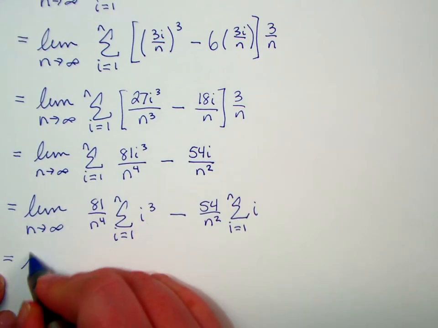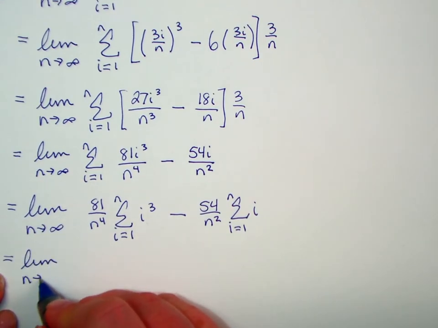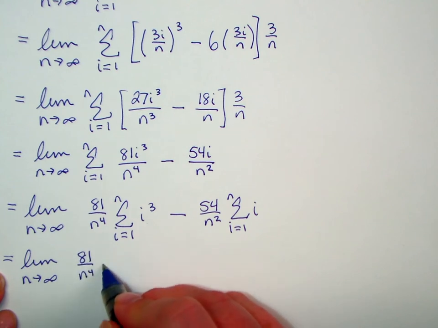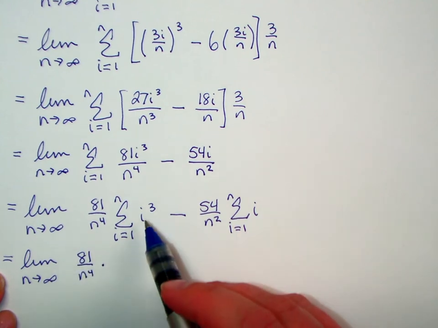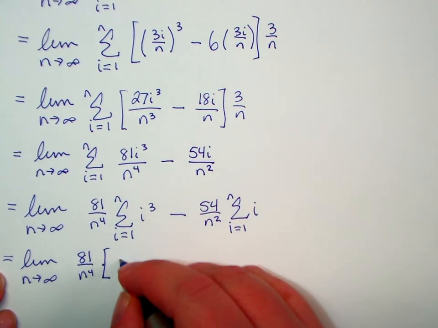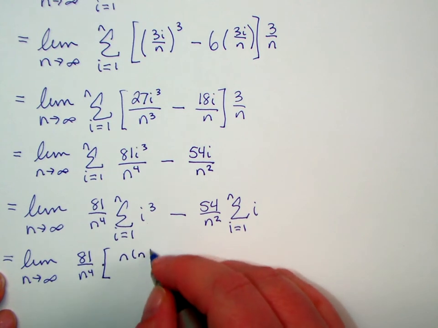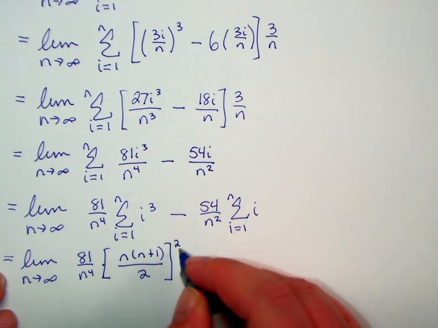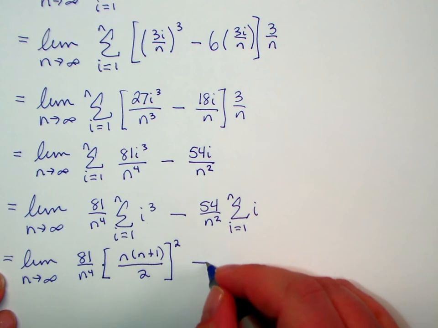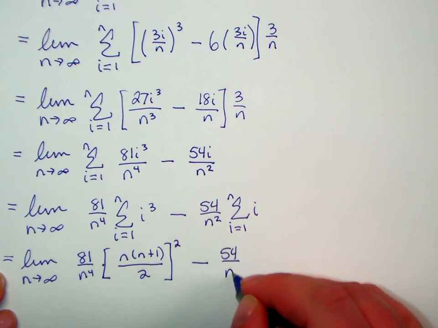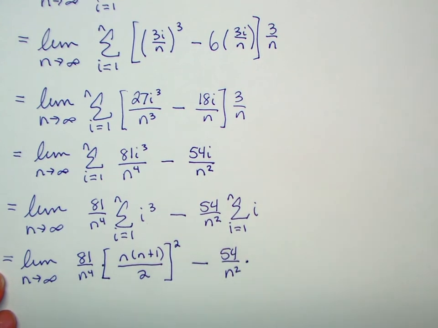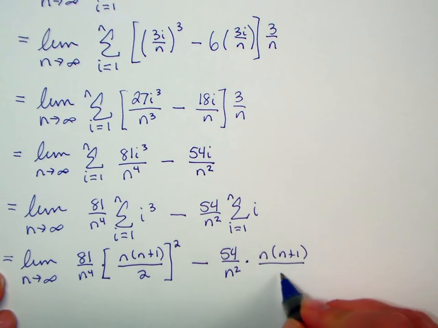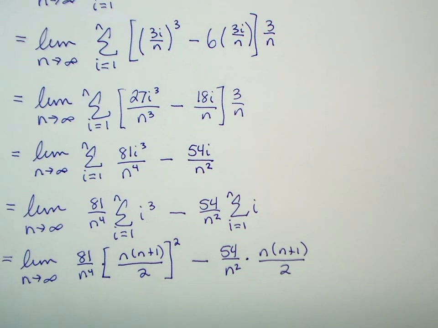So now I get the limit as n goes to infinity, 81 over n to the 4th times the formula for i cubed, which was n times n plus 1 over 2 squared, right? Minus 54 over n squared times the sum of i, and the sum of i was n times n plus 1 all over 2, right?